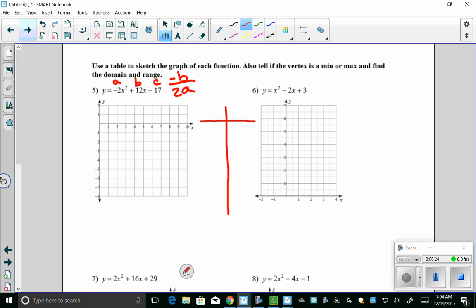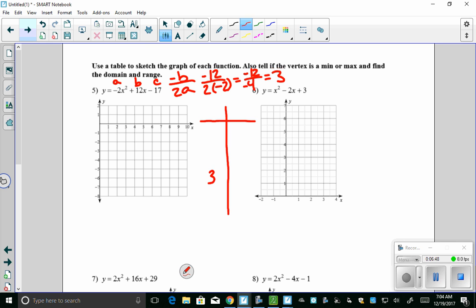So it's going to be the opposite of b, which in this case is positive 12, so it's negative 12, divided by 2 times negative 2. Well, negative 12 divided by negative 4 gives me positive 3. So I'm going to put 3 in the middle of my table. Plug 3 in for x.